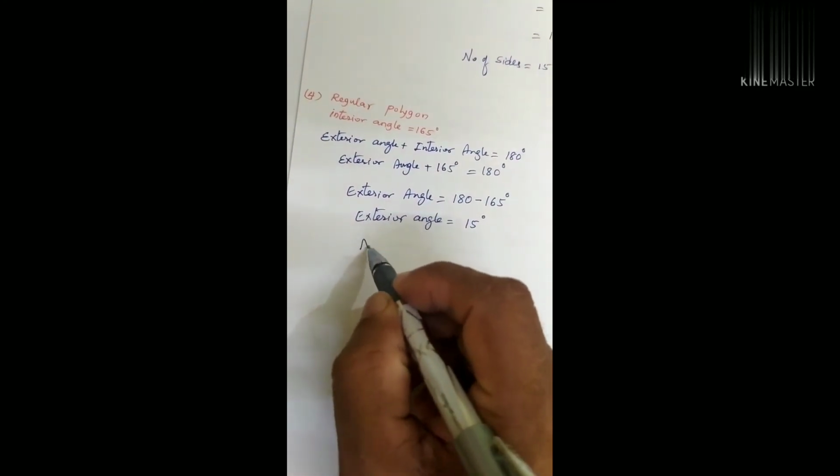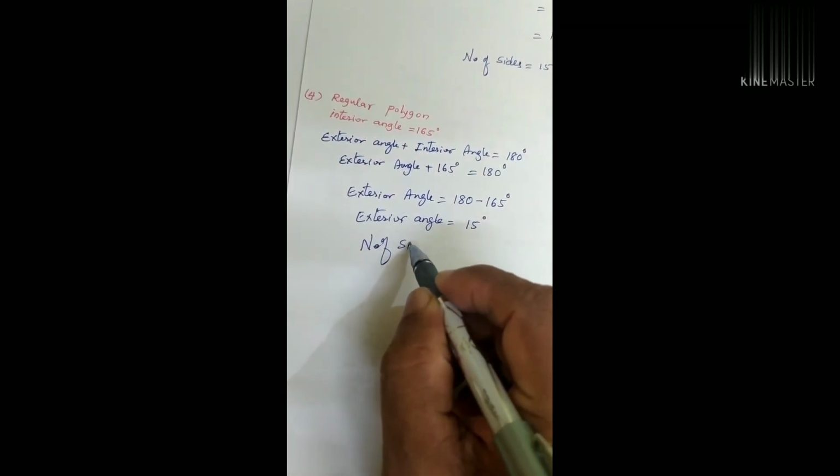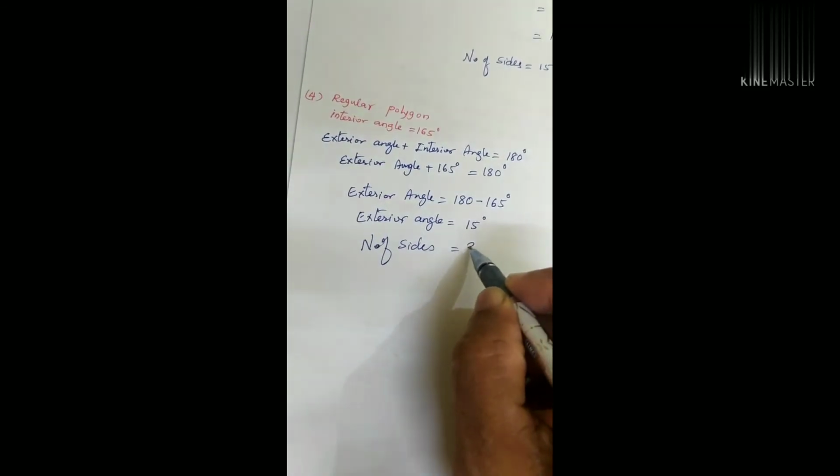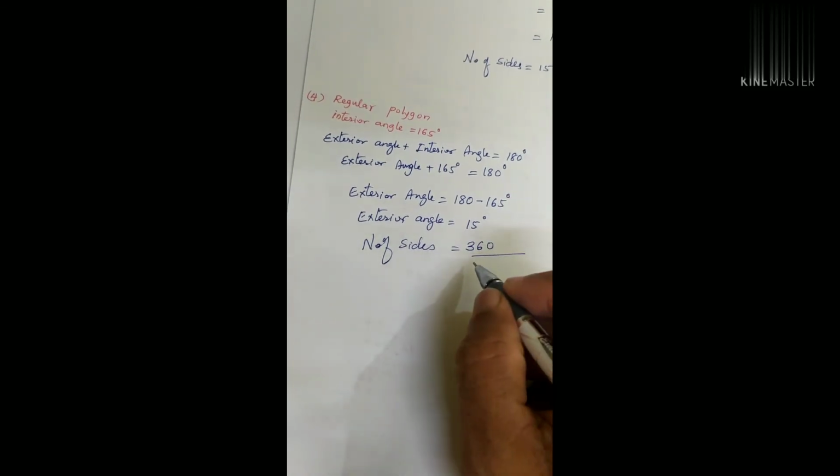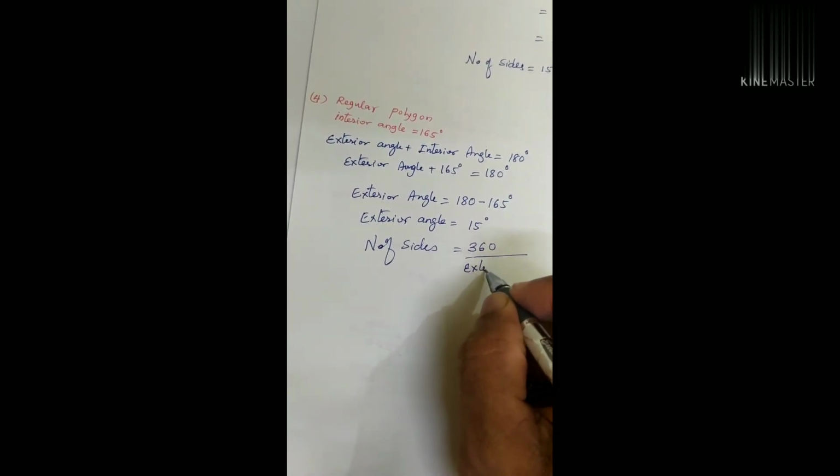Now we have to find out the sides. Number of sides is 360 upon exterior angle.